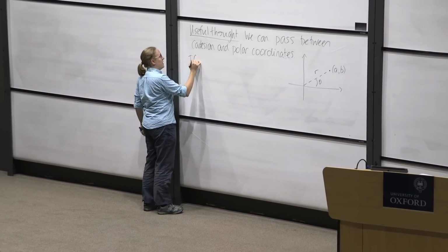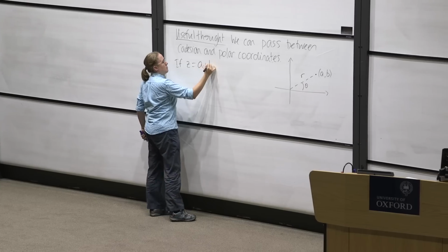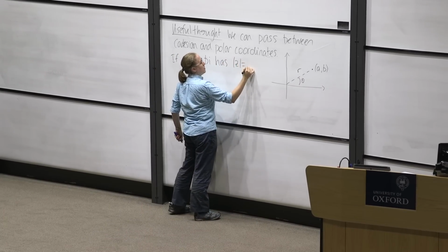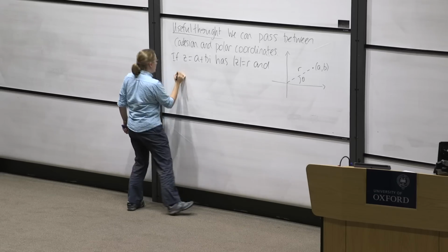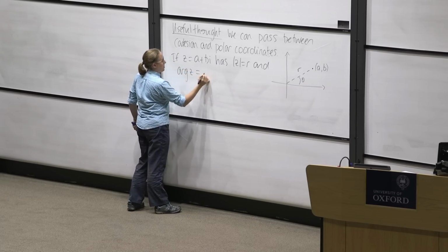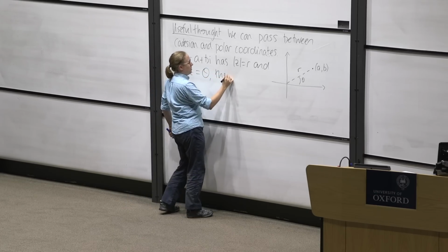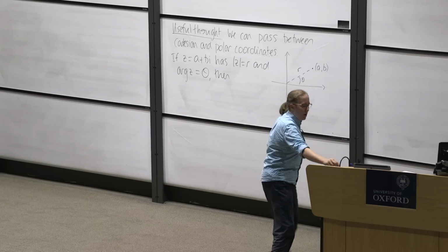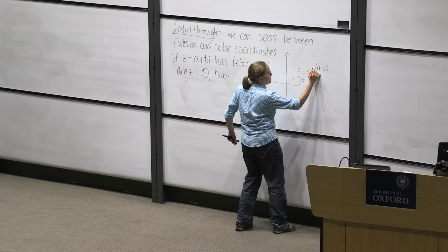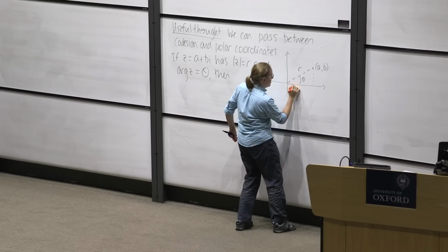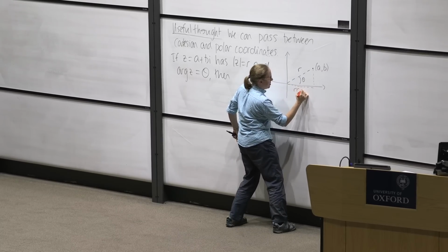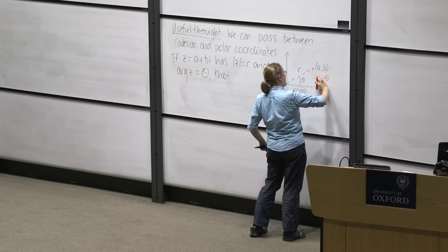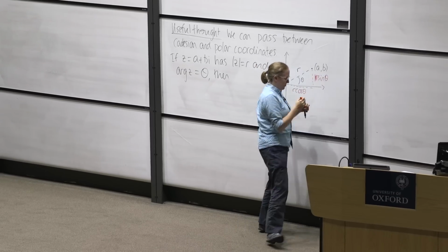So if z, which is a plus bi, has modulus r and argument theta, then we can find a and b. So maybe I'll draw this on here in another color for you. So this is just a little bit of trigonometry. So this bit is r cos theta, this is a, this is b, r sine theta.